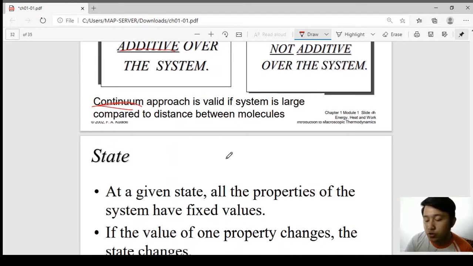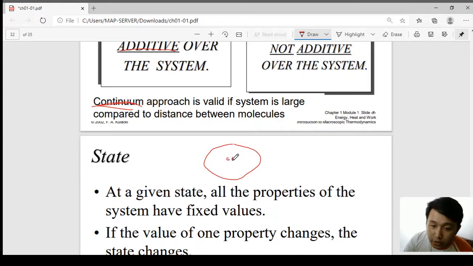To explain what I mean, the continuum approach is valid if the system is large compared to the distance between molecules. So for example, this is our system.